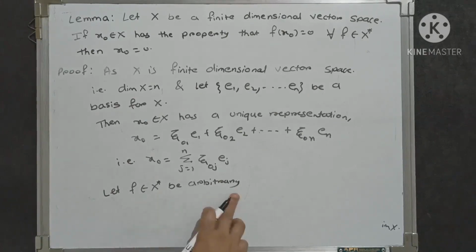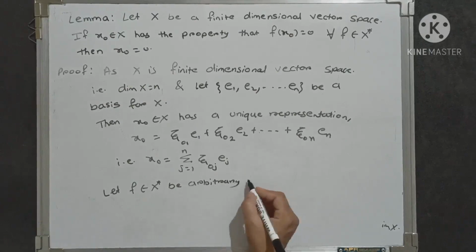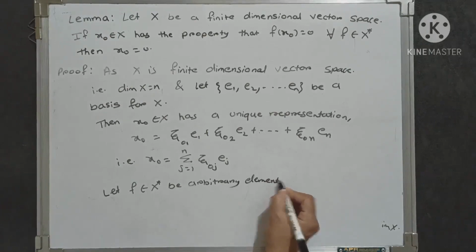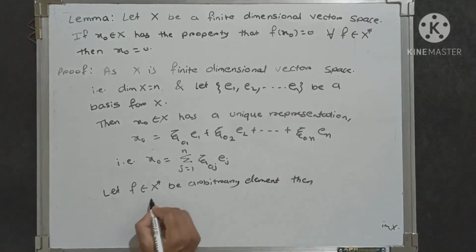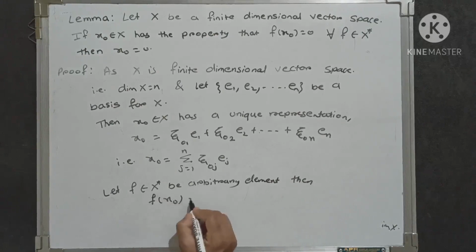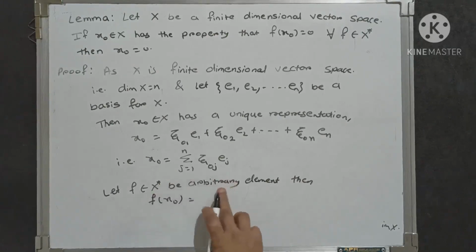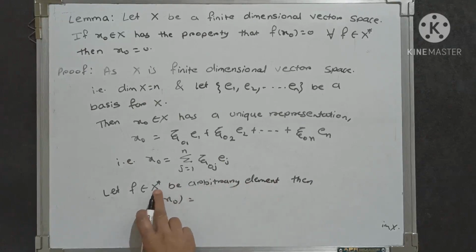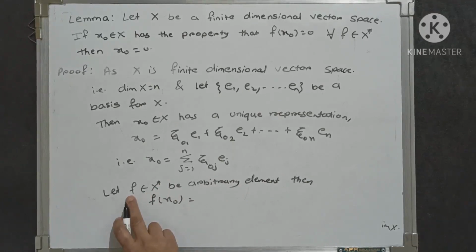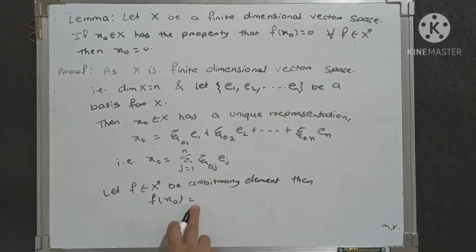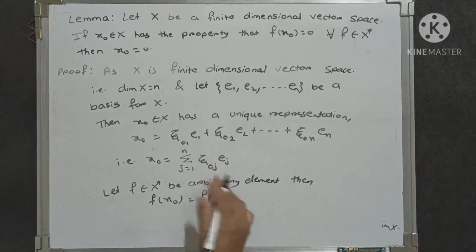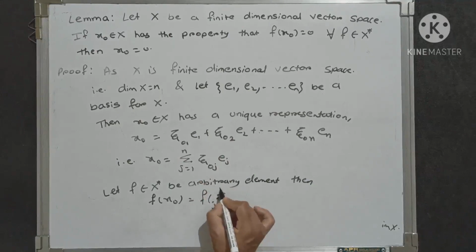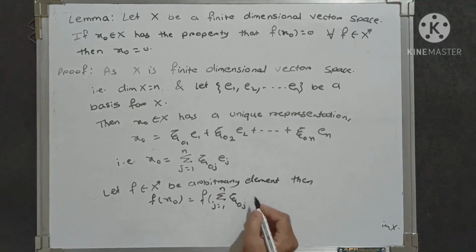As X star is the set of all linear functionals on X, f is a linear functional on X, and therefore f of x naught equals f of the summation j from 1 to n of xi 0j ej.